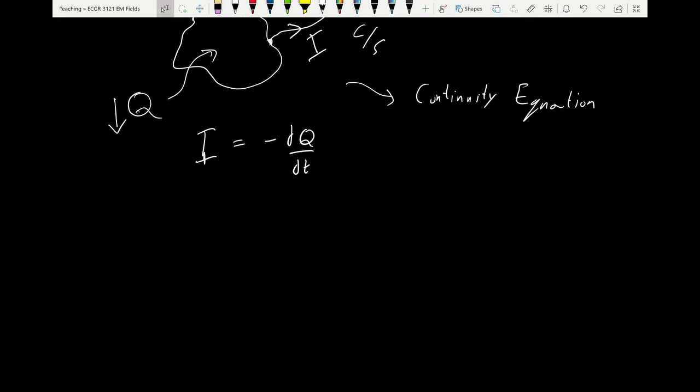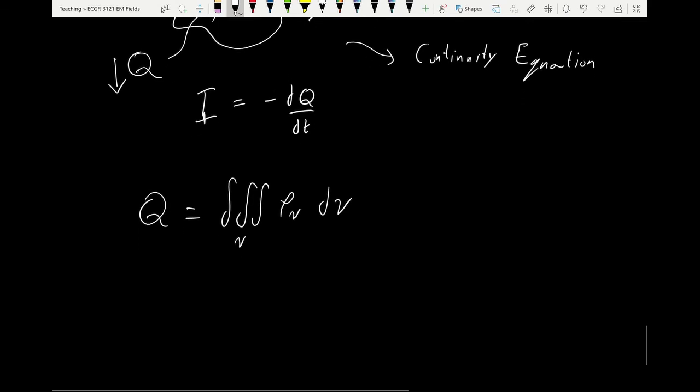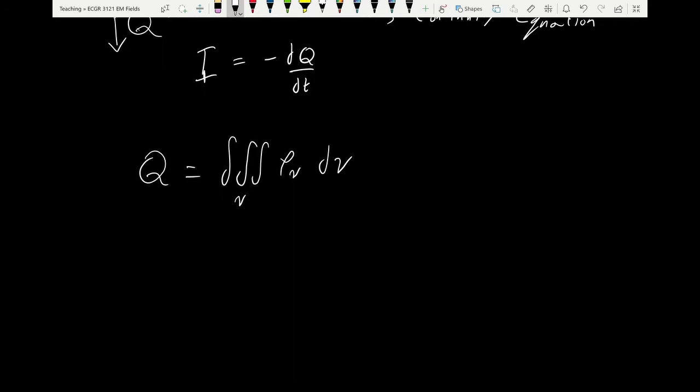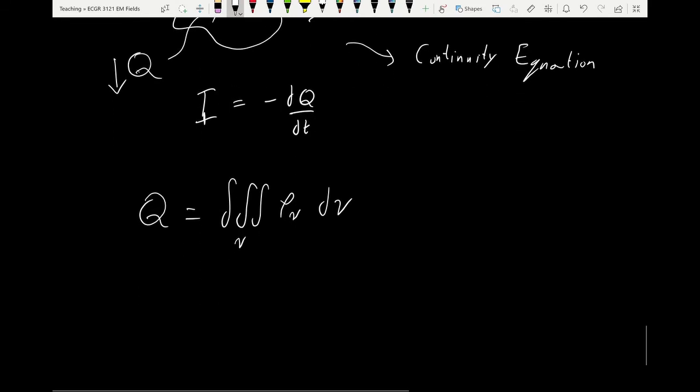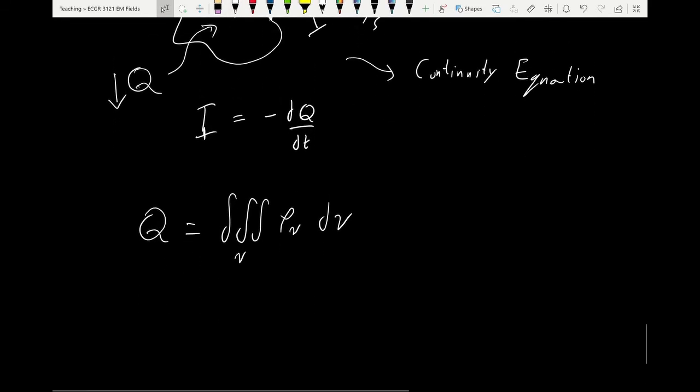Okay, so what is Q? Q, the total charge in the region, is just the volume integral of rho v dv, right? This is the charge density within this region, rho v. That's what the total aggregate Q is.